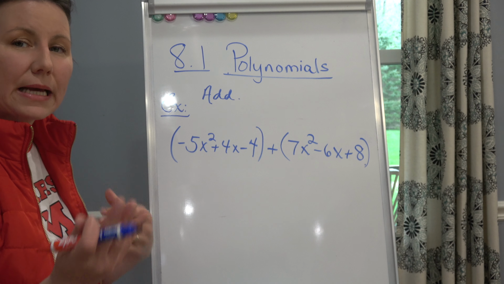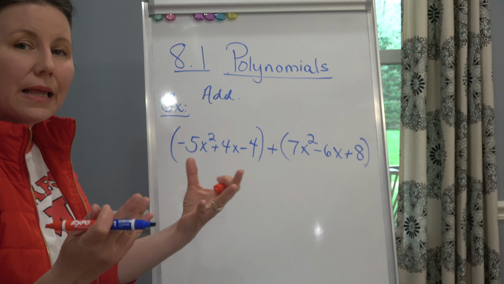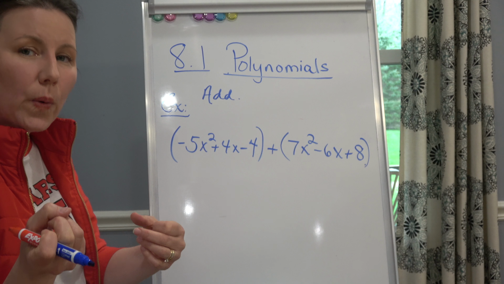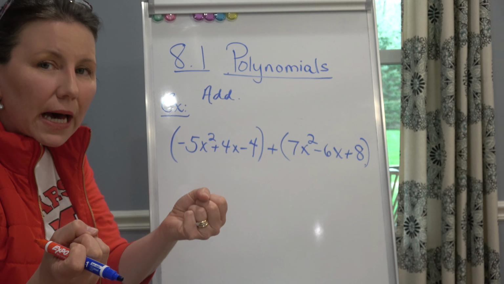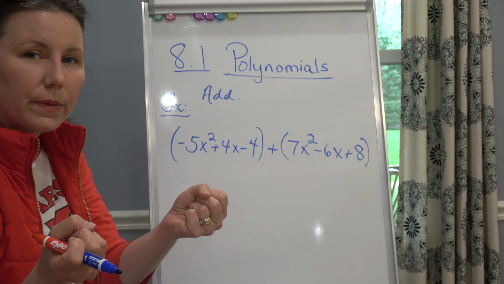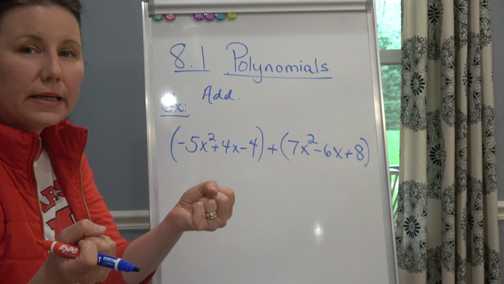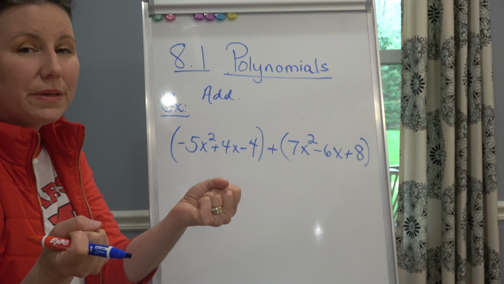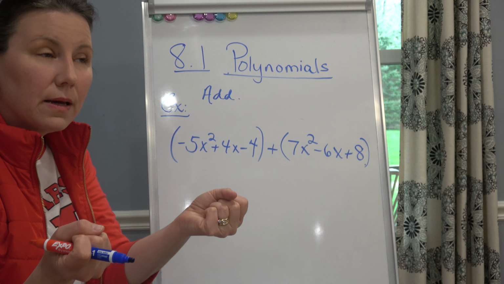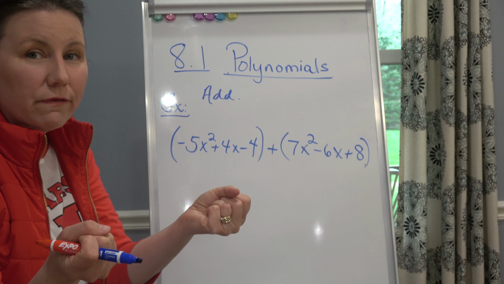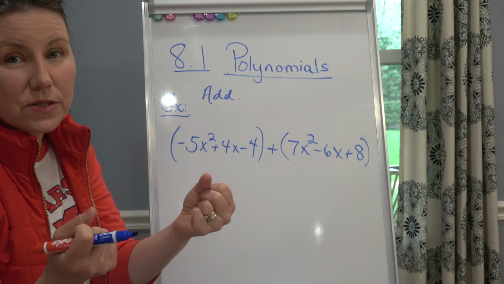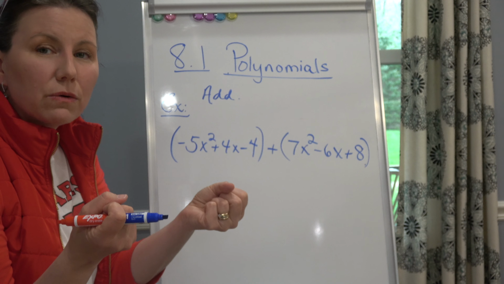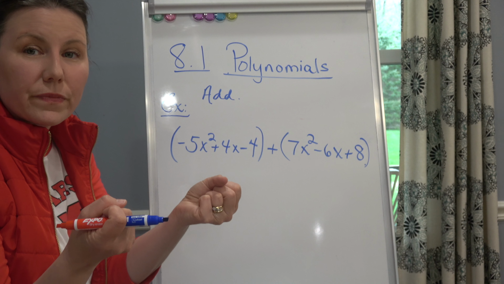So just like an x and a y are not like terms, an x squared and an x are not like terms, because those would be different values, right? X and x squared would be the same if x were 1, but for any other value, I guess 0, for any other value, they're going to be different, right?